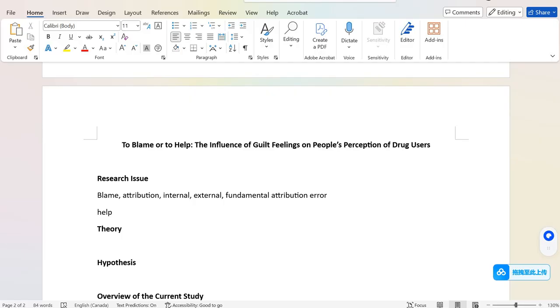When you see Joe doing drugs and getting into trouble, you automatically make an internal attribution. You blame him for his problems. That's a human tendency. This is a tendency of making the fundamental attribution error.